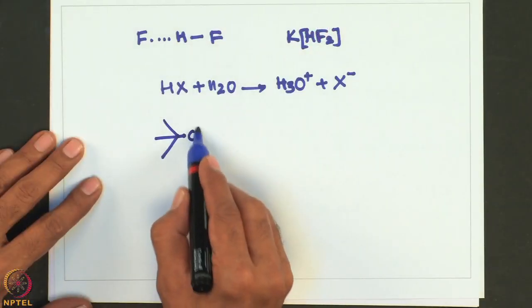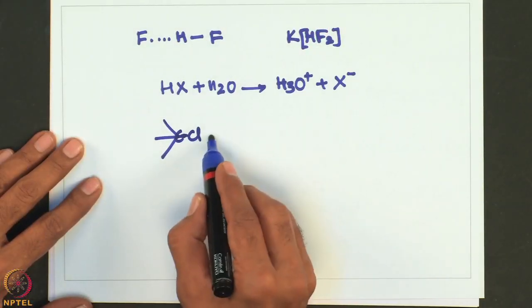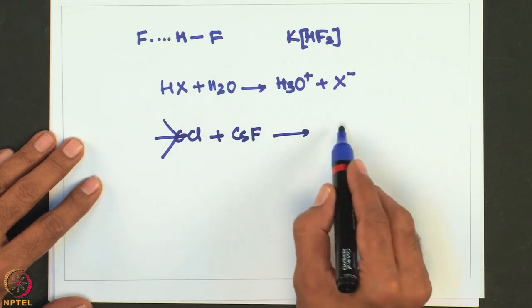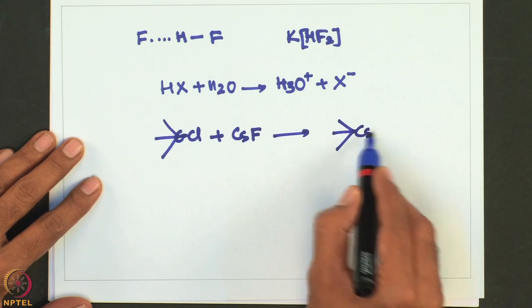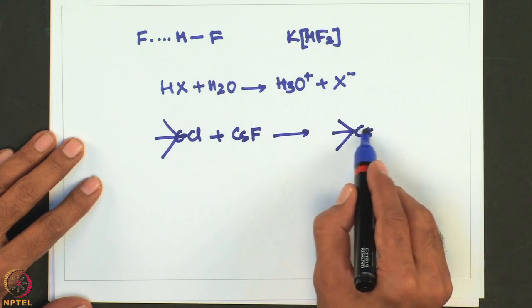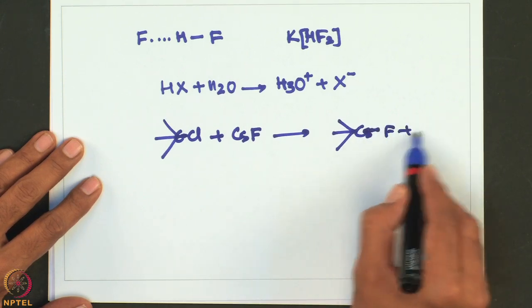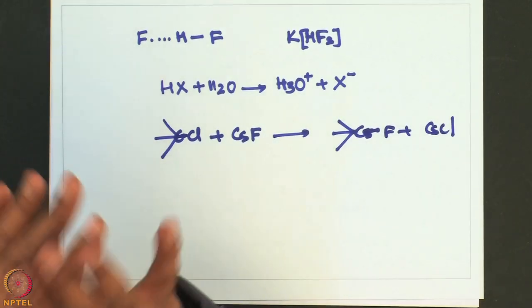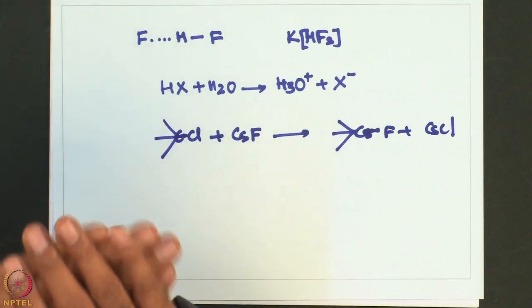For example, if we take CCl and treat it with cesium fluoride, cesium fluoride is the best choice of alkali metal fluoride to effect the halogen exchange reaction, and that means cesium fluoride is a very good fluorinating agent.